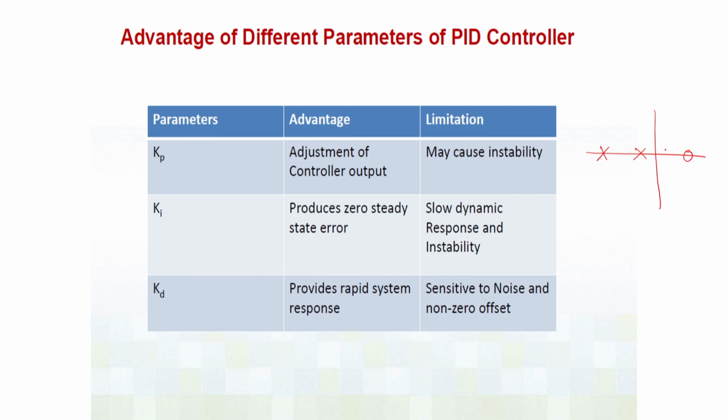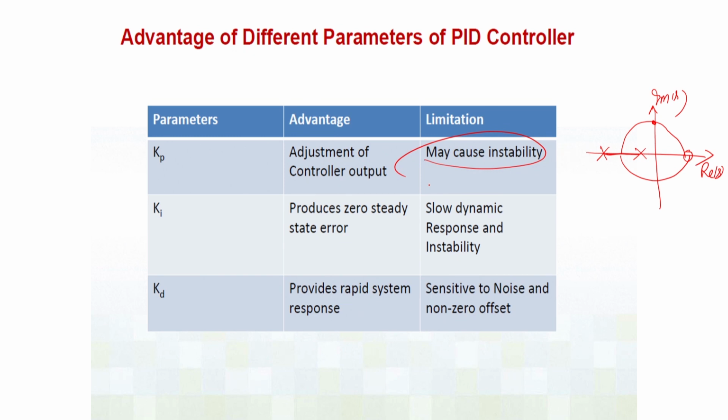Then what will happen? Initially you are at this region. As you are increasing the gain, you will be coming towards this 0. So, that means the moment you cross this line, this is the imaginary axis of s, please keep in mind, and this is the real axis of s, the moment you cross this line with the higher gain, you would become unstable. So, Kp has this problem. For some cases it may cause instability.